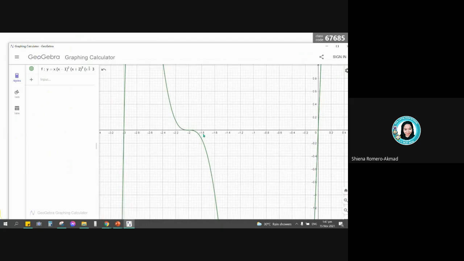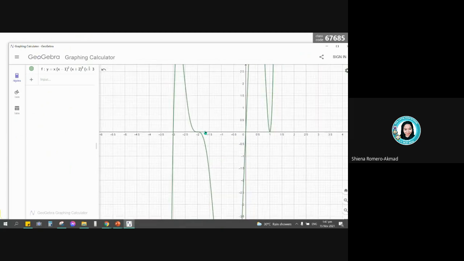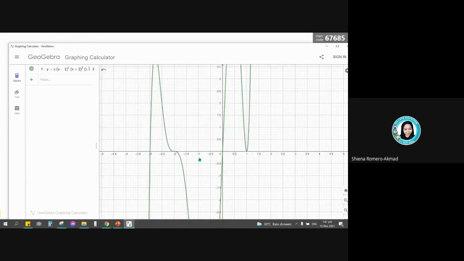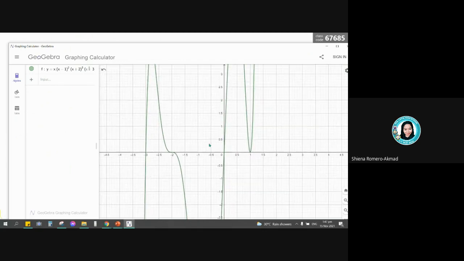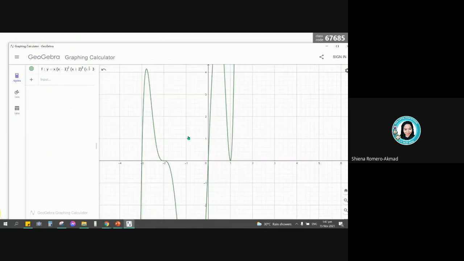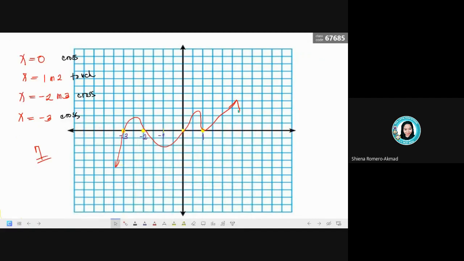So, it is important also to have a graphing calculator. Kahit sa phone lang, may mga ganito sa phone para makita nyo rin yung graph itself. And because the graph that we have chosen here is medyo complicated, kaya ganon.